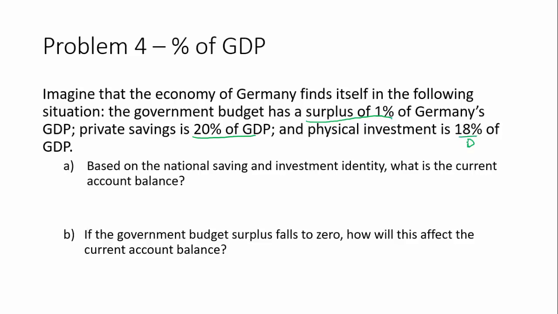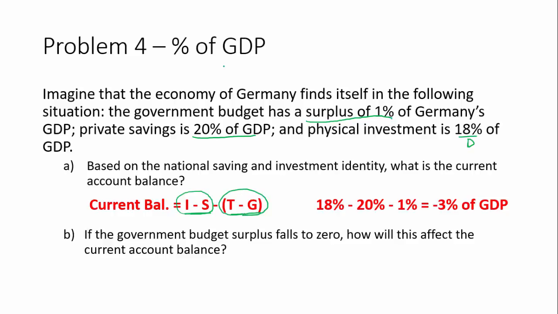Based on the national saving and investment identity, what is the current account balance? Let's take a look. Here's our investment minus our savings, and then we're going to have our tax minus our government spending. The investment and saving component tells us how much internally we're saving. Tax and government is our governmental activity. So we're going to plug this in.